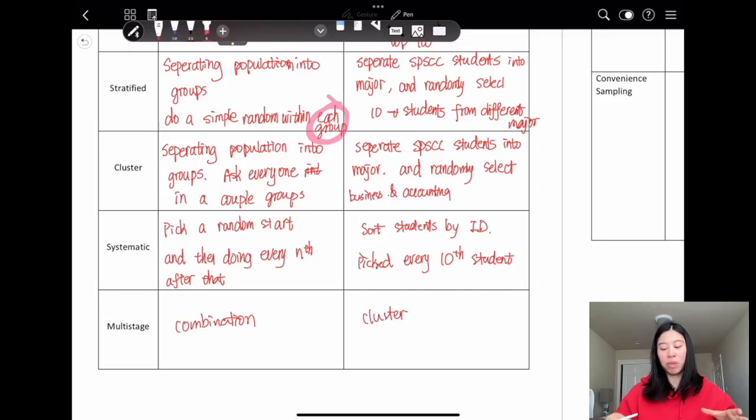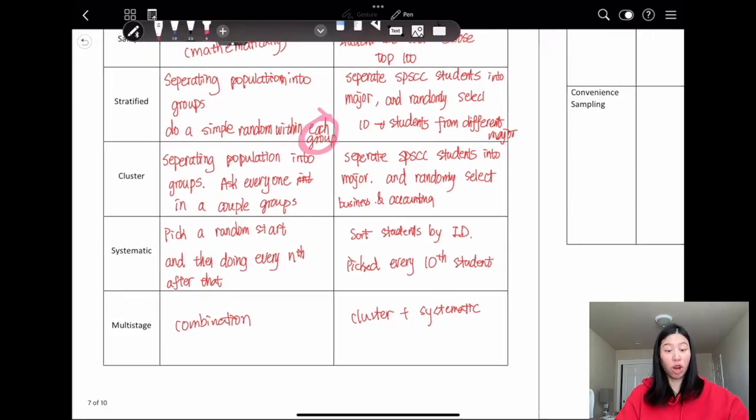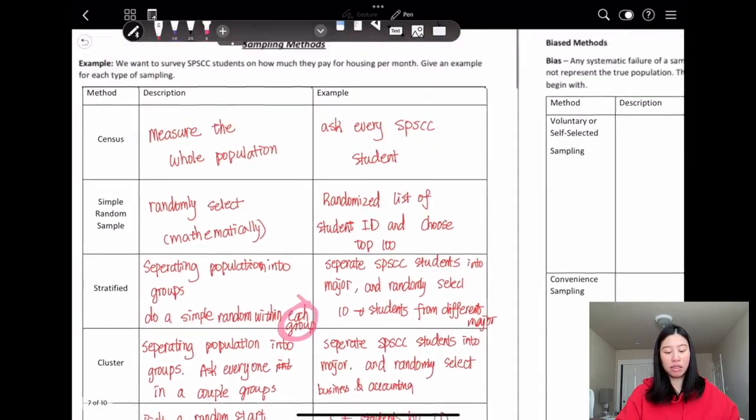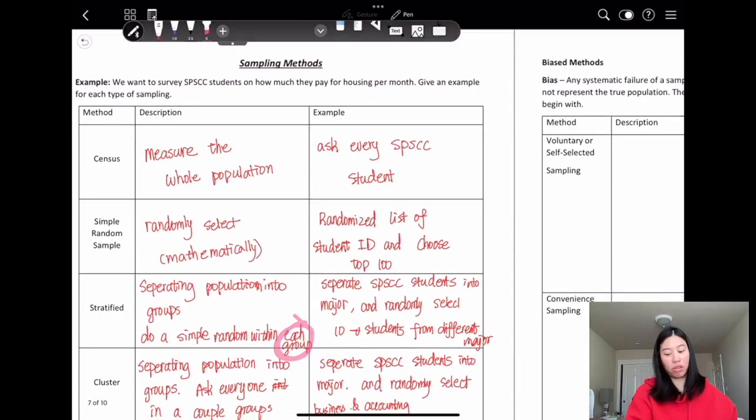And then after you pick the students majoring in business and accounting, we sort the students by ID and pick every fifth student. So we're combining cluster and systematic to survey. Okay, so these are the sampling methods that you can choose from.